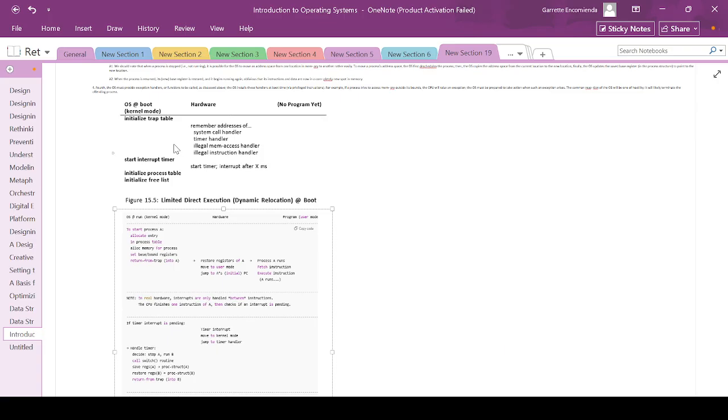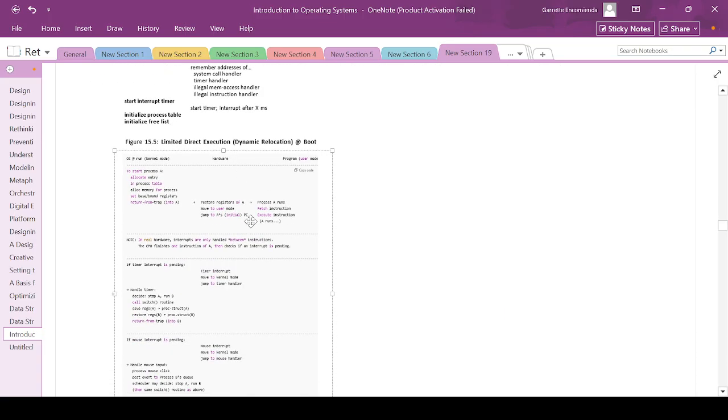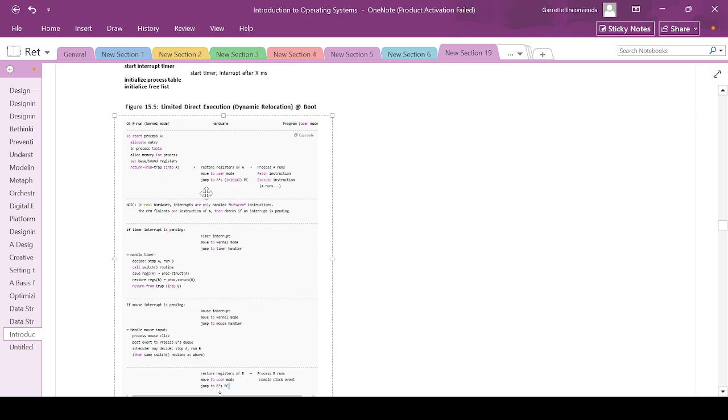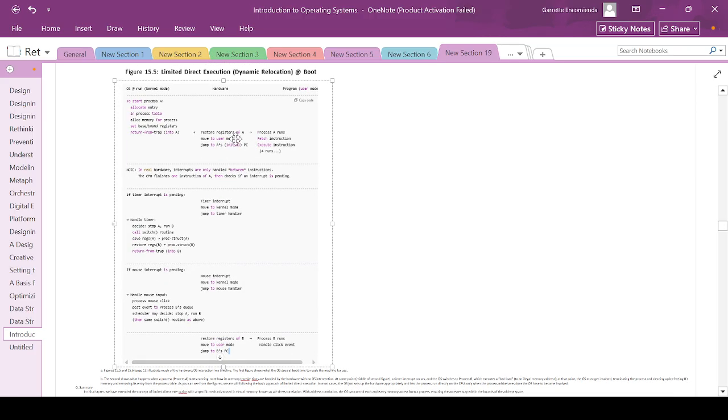Then it initializes the process table and the free list. The process table allows us to keep track of the processes, and the free list tracks the available memory. So now it's more sophisticated, right? Before we only had the process table, we didn't have this free list. So here is the diagram.